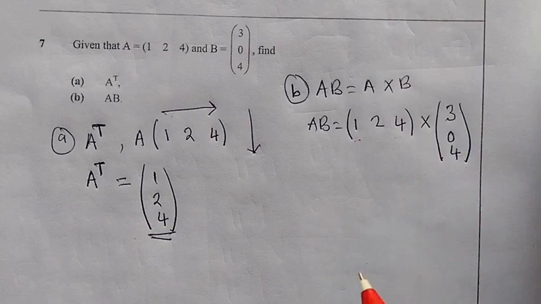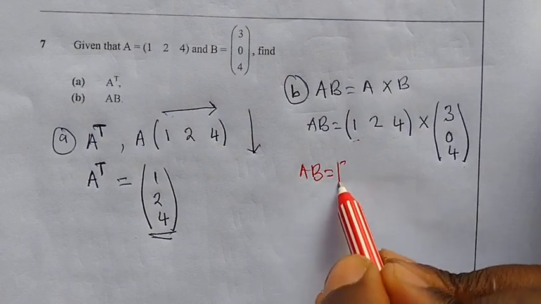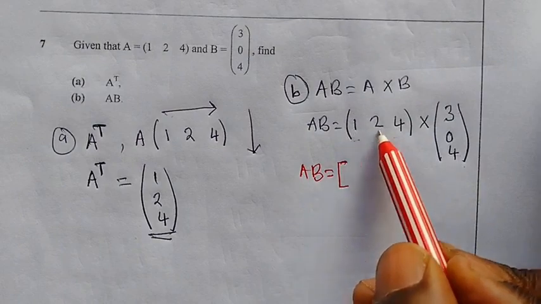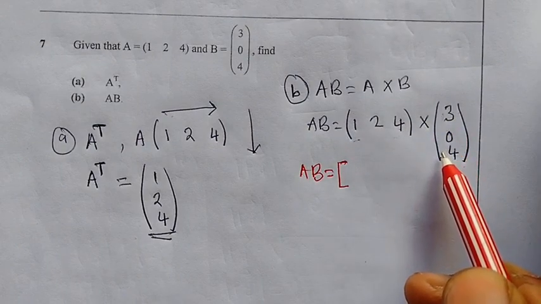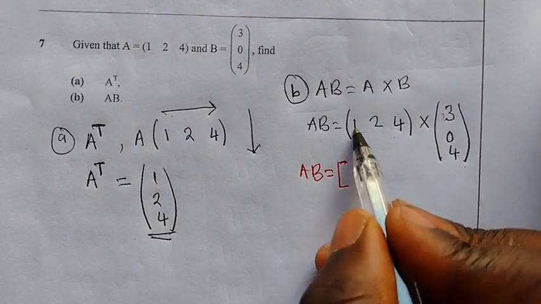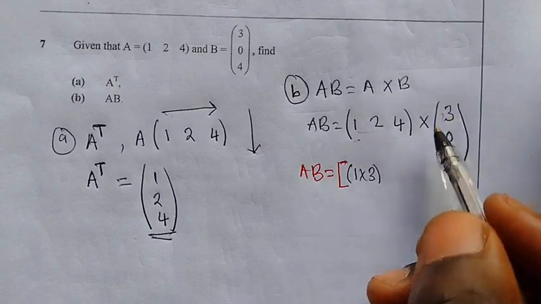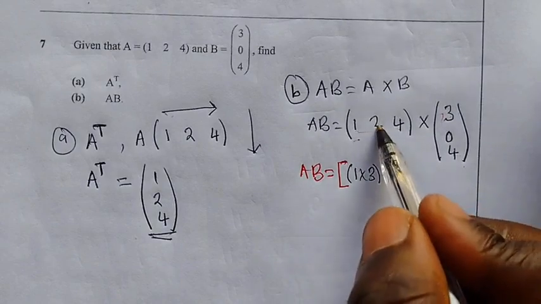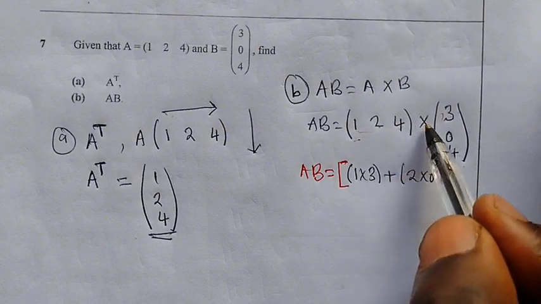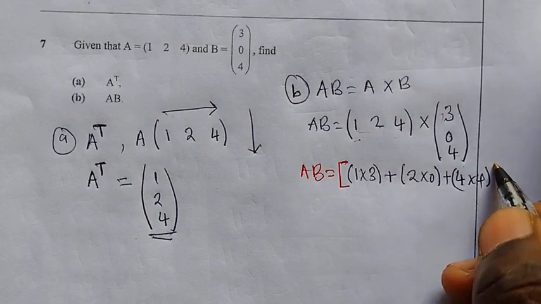So what you need to do right here, we say AB equal to. One of the principles of multiplication of matrices is row by column. If you want to get the first entry, row by column. So here we are going to say 1 times 3, plus 2 times 0, plus 4 times 4, in brackets like this.